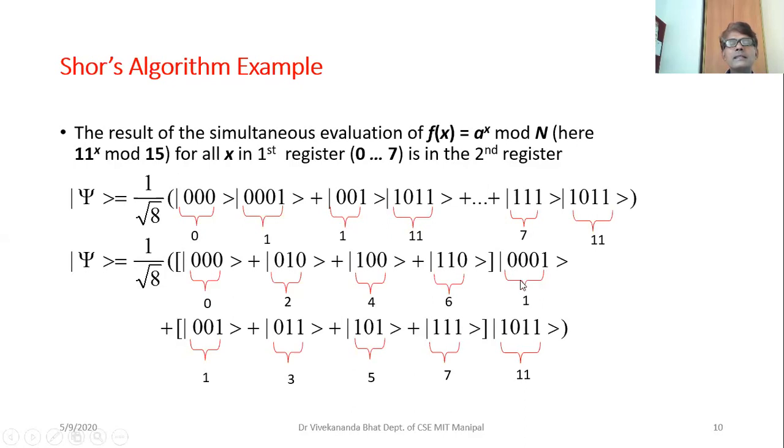So if you measure register 2, in this case you will get value 1 for all these values of the first register. Similarly, in this case, you will get value 11 for all these values of register 2.